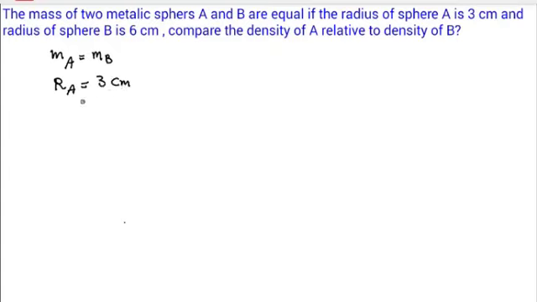And radius of B is equal to 6 centimeters. What is the ratio of densities? Rho of A over rho of B.